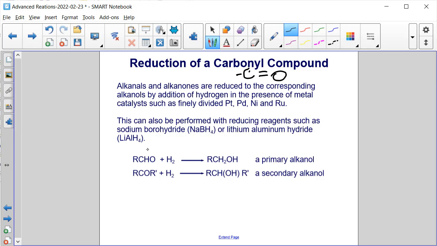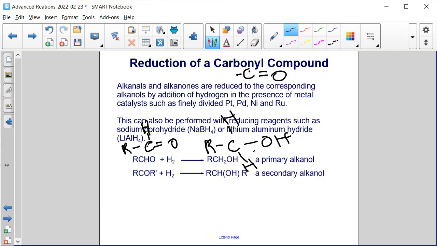What happens here is where we have C double bond O, R, H. Now we have R, C, O, H, H, H. Okay? So through the addition of that hydrogen, we're able to reduce that oxygen to create the primary alkanol in this case, because the carbon is bonded to only one R group and two hydrogens.